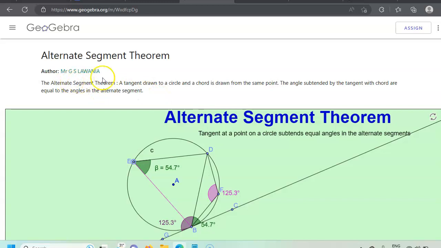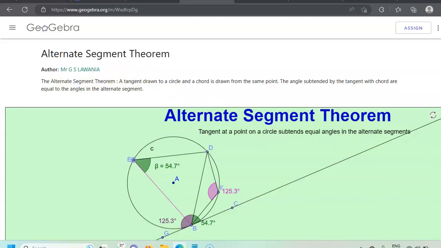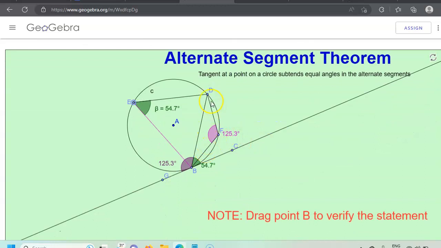Credit to Mr. Lawanya. Alright, so we have the chord DB. The angle formed with the chord DB and the tangent line BC measures 54.7. It's the green one. So it will be equal to the angle formed at the alternate segment on the other side, at the left side.